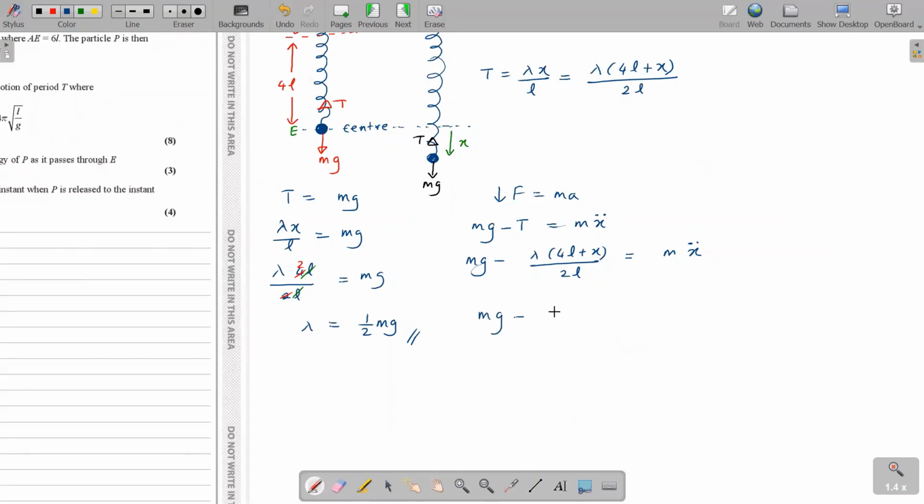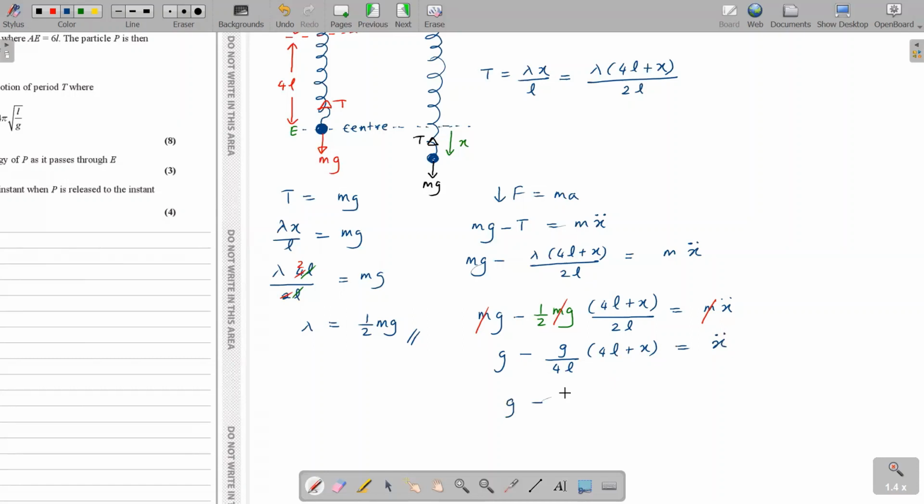Lambda is half mg, so mg minus half mg times (4L plus x) over 2L equals m x double dot. We can cancel m, since m is common to everything. So I get g minus g over 4L times (4L plus x) equals x double dot.